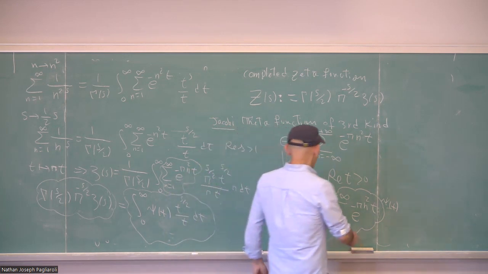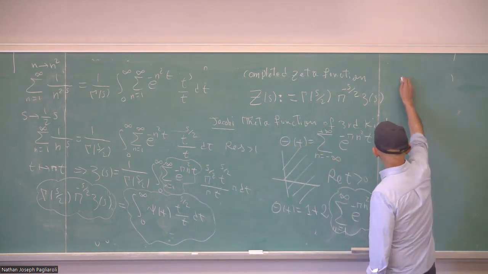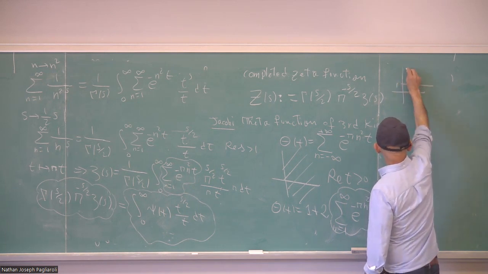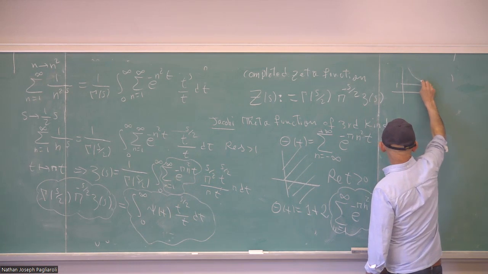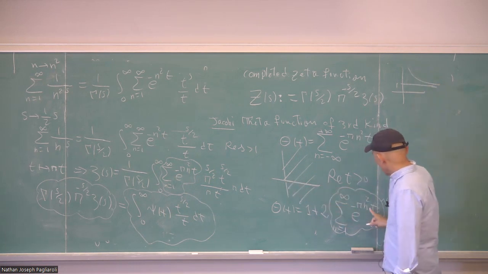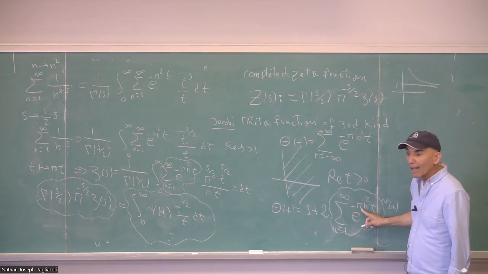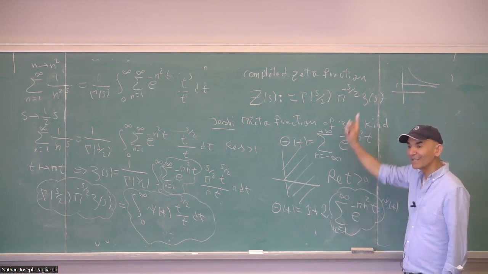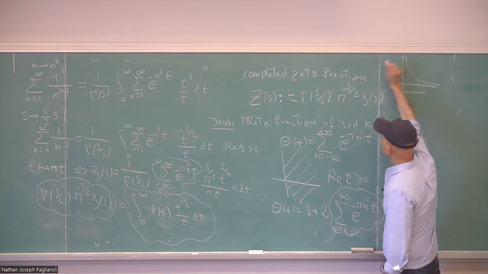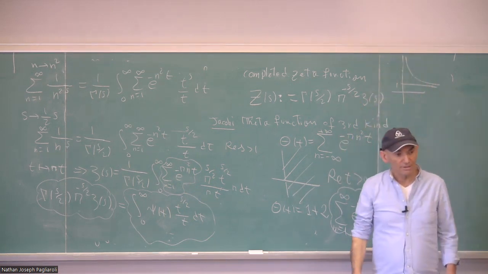In fact, the theta function for real values looks like this. It's 1 and rapidly goes to 0. And of course, as t goes to 0, these terms approach 1, so they go to infinity. But do you know how fast it goes to infinity?